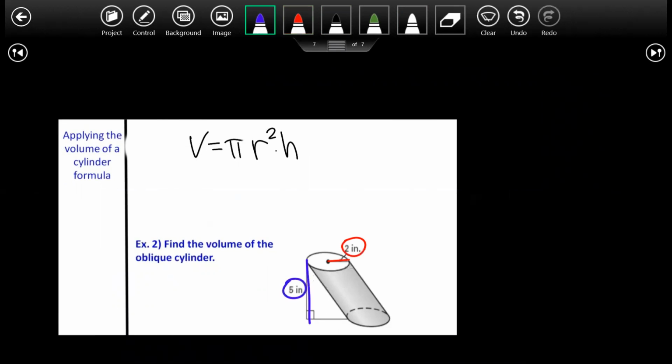So all we're going to do is plug it in. Volume is equal to pi times 2 squared times 5. Some of these you're going to be able to do in your head. Okay, 2 squared is 4 times 5. So this will be 20 pi inches cubed, if you want to leave it like that.